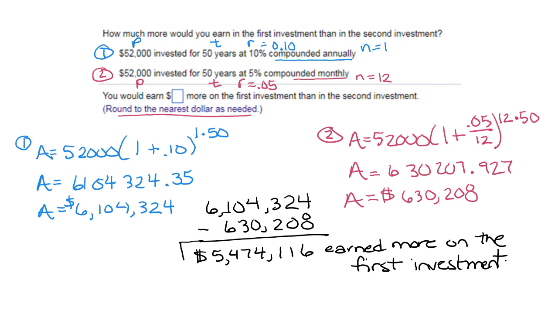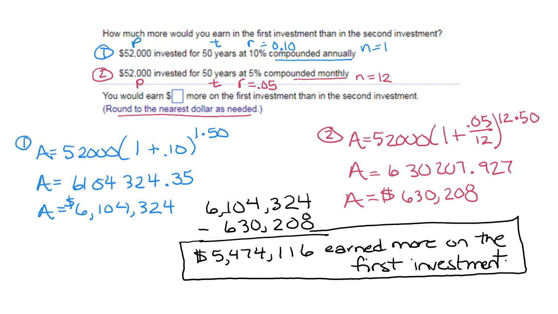So this would be your final answer here. And you can see that it is a huge difference. If you're compounding once a year, but at 10%, this is the future value.